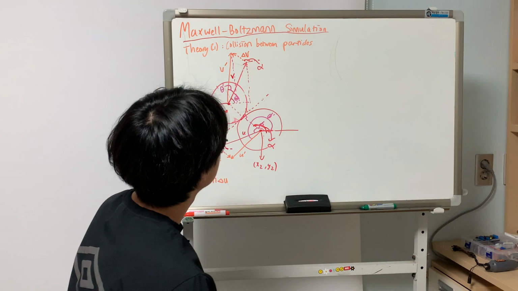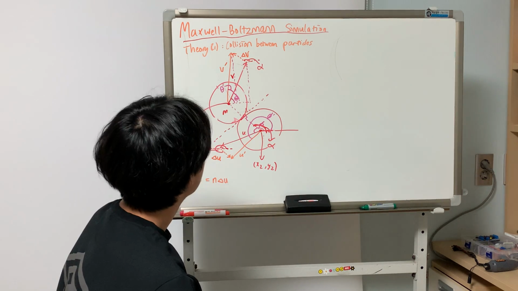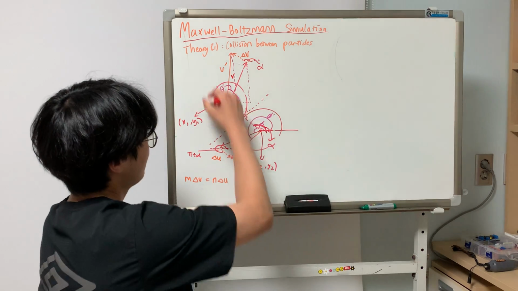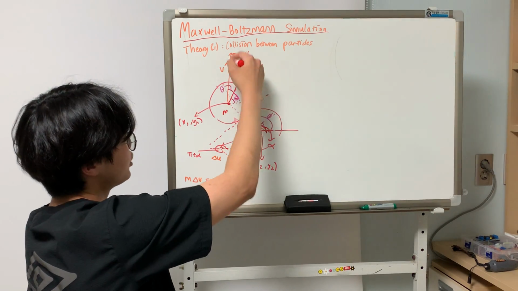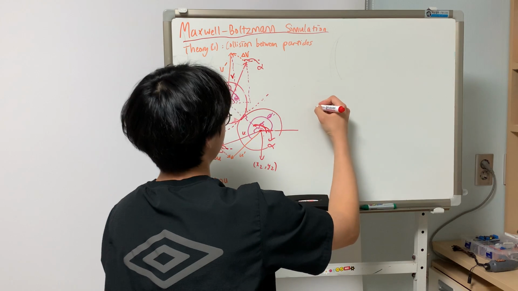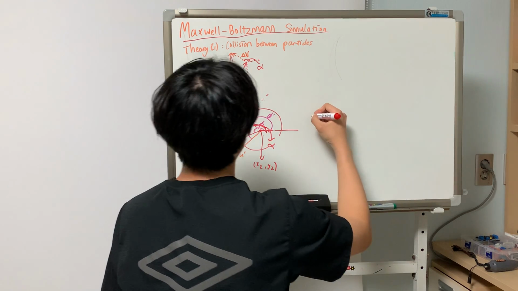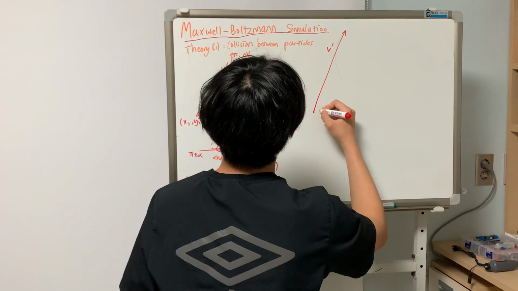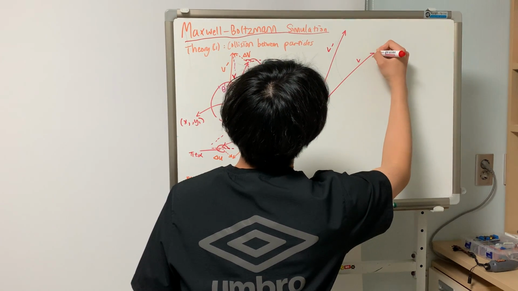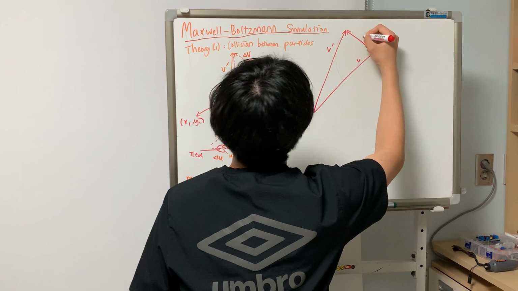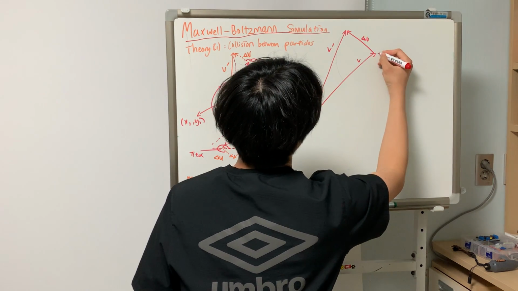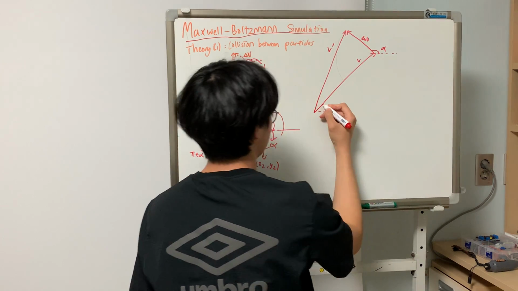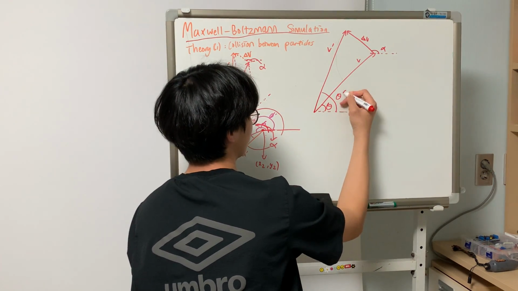So now, looking at what we have, first of all, I'm going to focus on this shape over here. If I draw that shape again, that's going to be v prime, that's going to be v, that's going to be delta v, that's going to be alpha, that's going to be theta, and that's going to be theta prime.